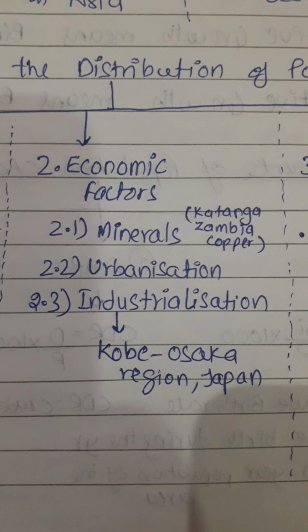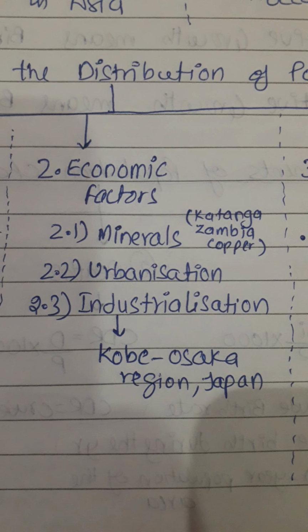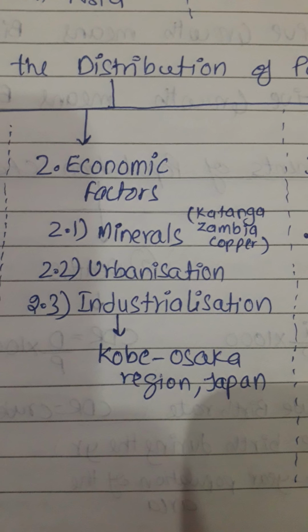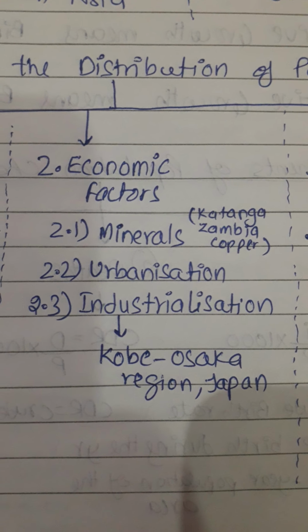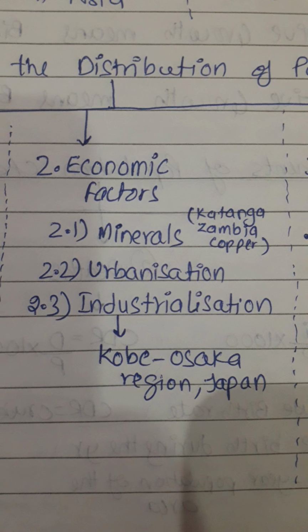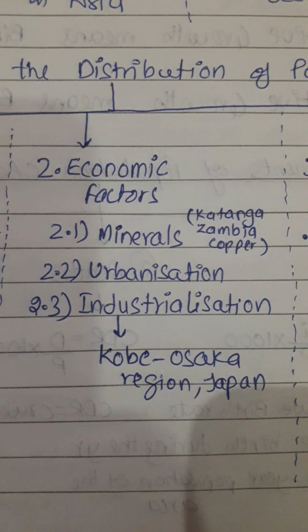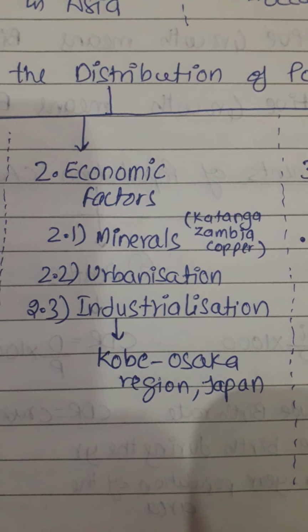If the area has good mineral content, that also supports huge populations. One example mentioned in your NCERTs is Katanga Zambia copper. It is the area of Africa where there is a huge population distribution.